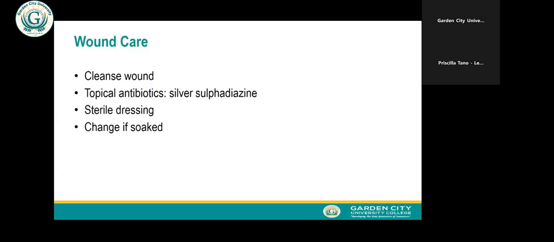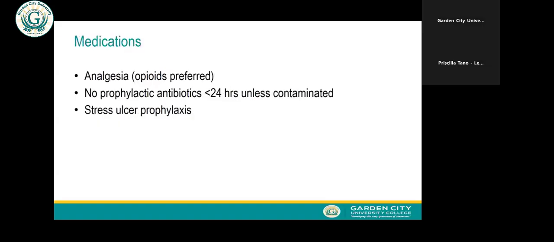And so please, the dressing is really done under proper asepsis. Then we change the dressing if soaked. Medications, we don't forget their pain medication, and opioid is preferred. If there are issues with the medication, please, after here, if there's any contribution, you can add on for us, right? Then also we give them prophylactic antibiotics.